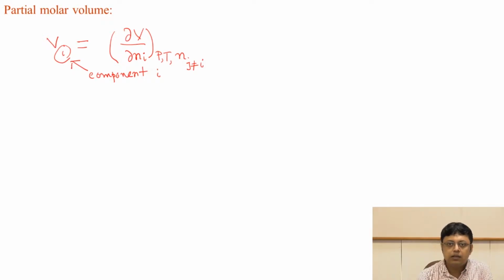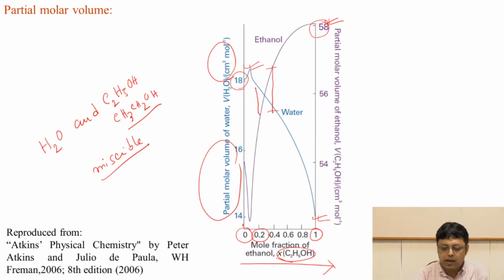You could have either added water, and then the curve will look like this, the curve for water, from 0 to a maximum of 1 in mole fraction, or you could do it by adding ethanol.